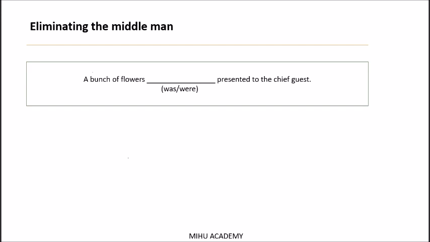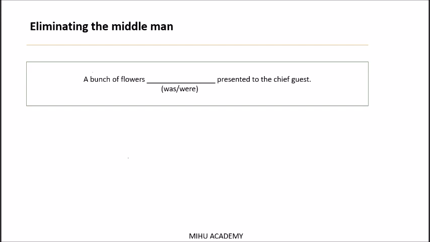Which subject we have to use to fill the blank is what this concept is going to tell us. So we have two subjects, a bunch and flowers. If we give importance to a bunch, then the verb is going to be singular and we fill "was" in the blank.